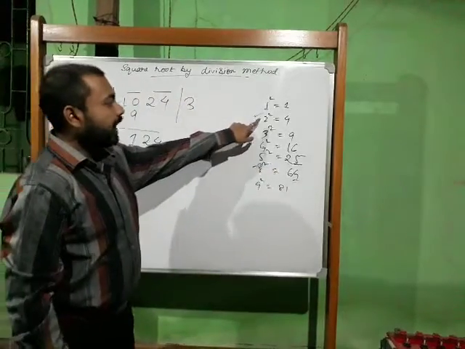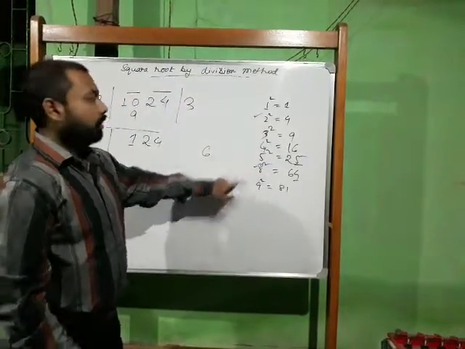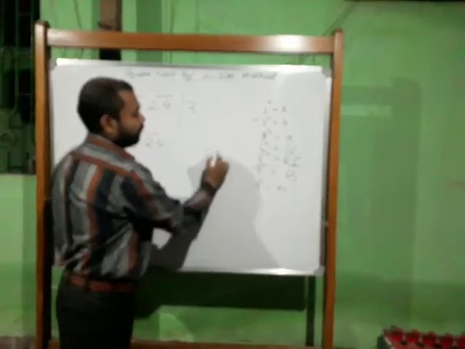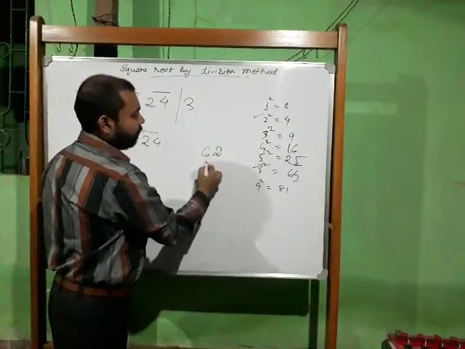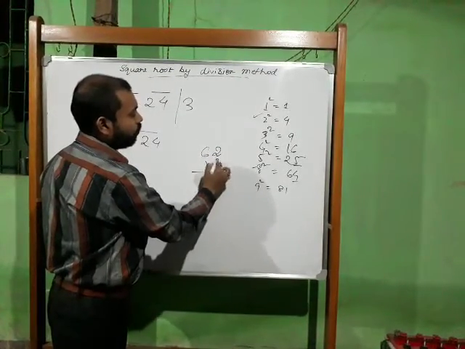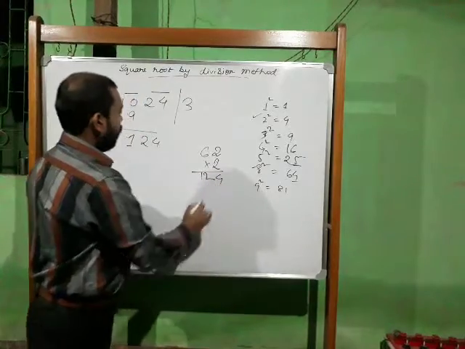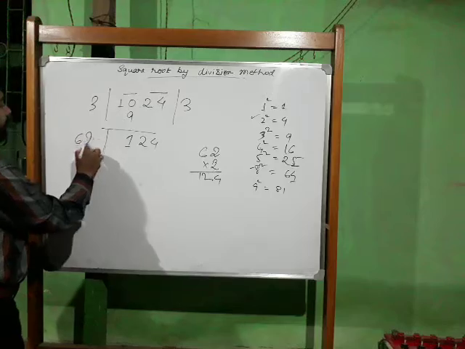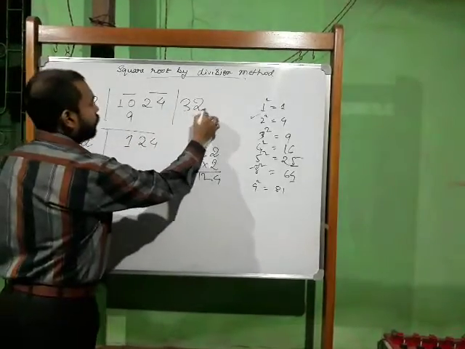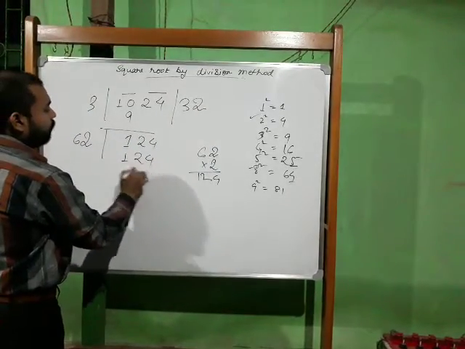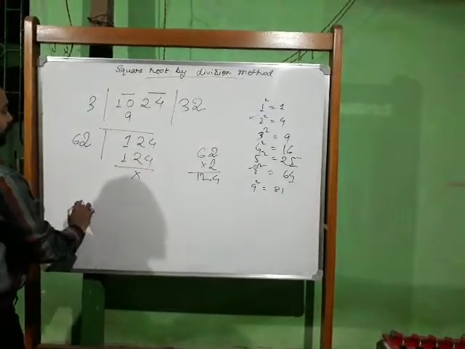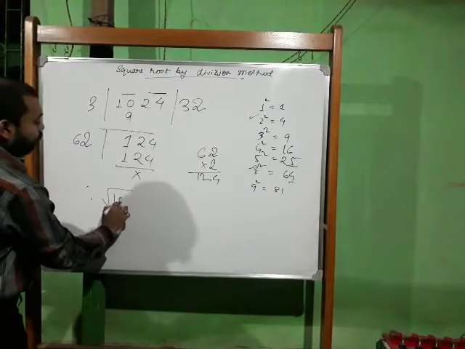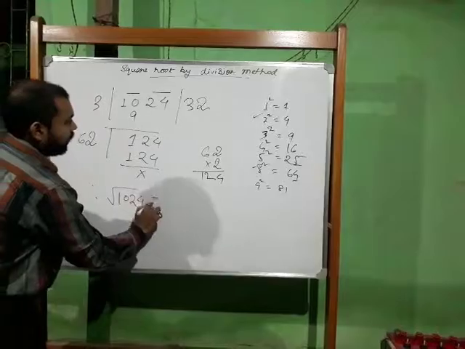So either we have to take 2 or 8. Now let us start with 2. 62 written, multiply with 2. The answer is 2 2s are 4, 6 2s are 12, so 124. Since it matches, we write 2 here, and again 2 in the quotient. So the answer is 124 and the remainder is 0. Therefore root over 1024 is 32.